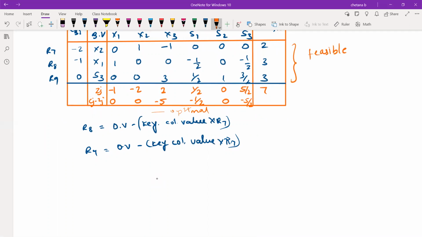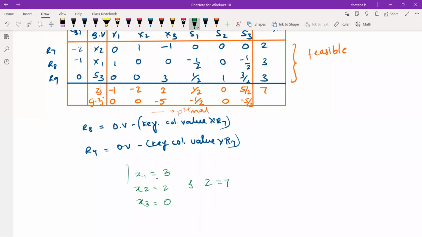Now you need to stop in this iteration and write the conclusion or the result part, that is x1, x2, x3. So x1 is 3, x2 is 2, x3 is 0, and the z value is 7.